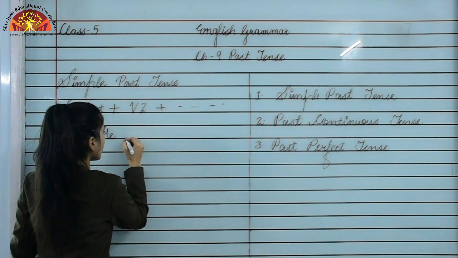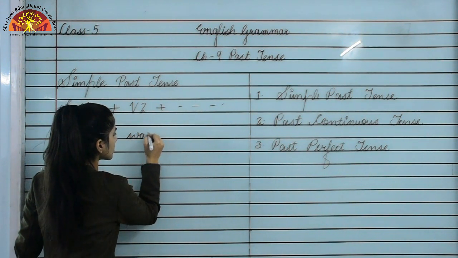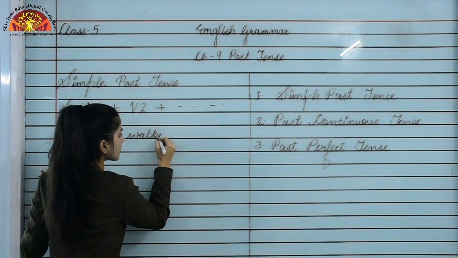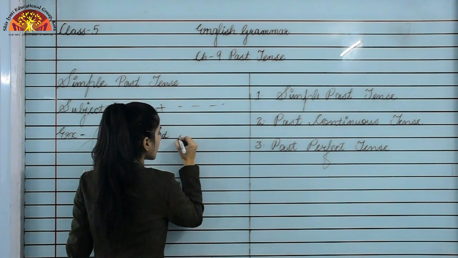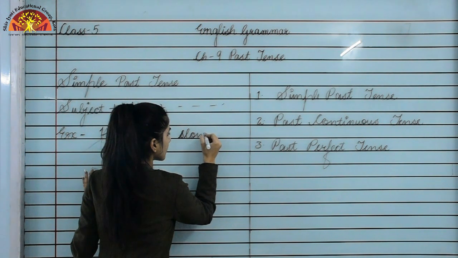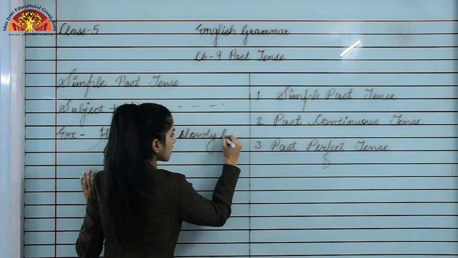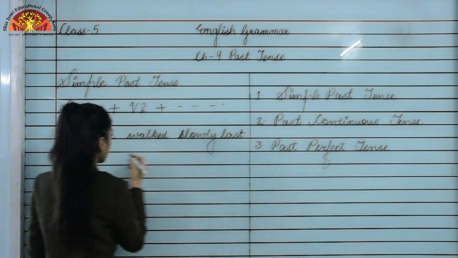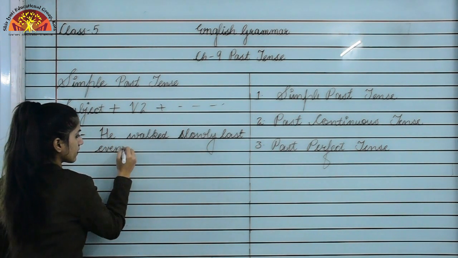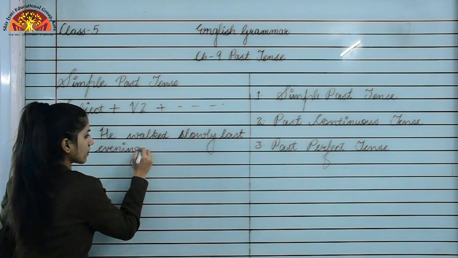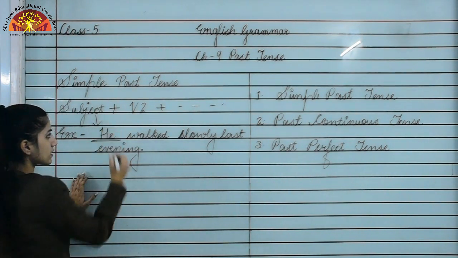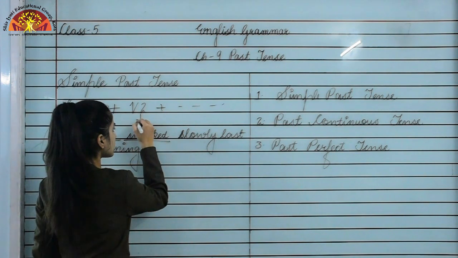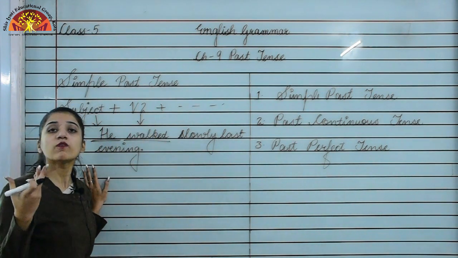He walked slowly last evening. Over here you can see that he is the subject, and walked is the second form of the verb walk.